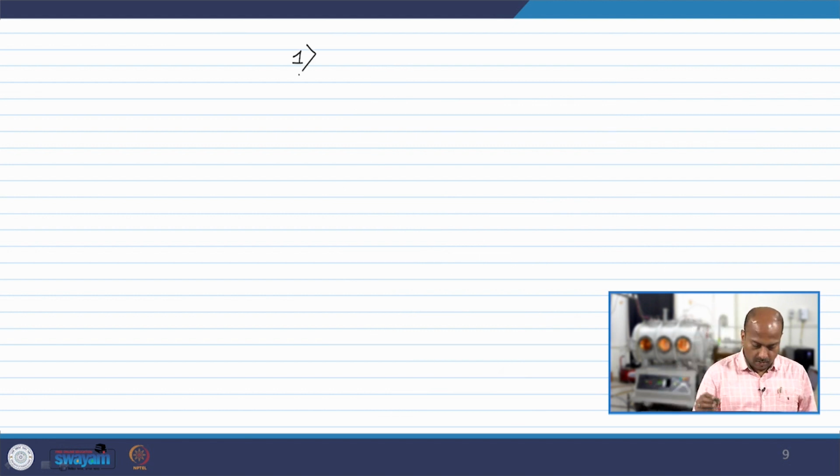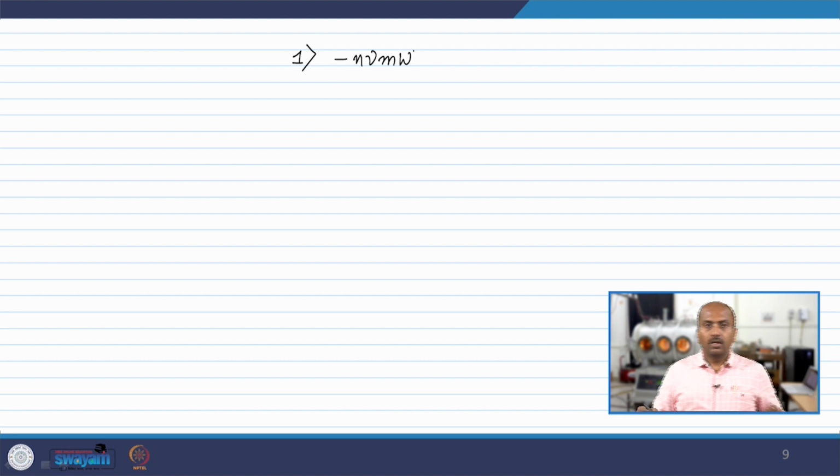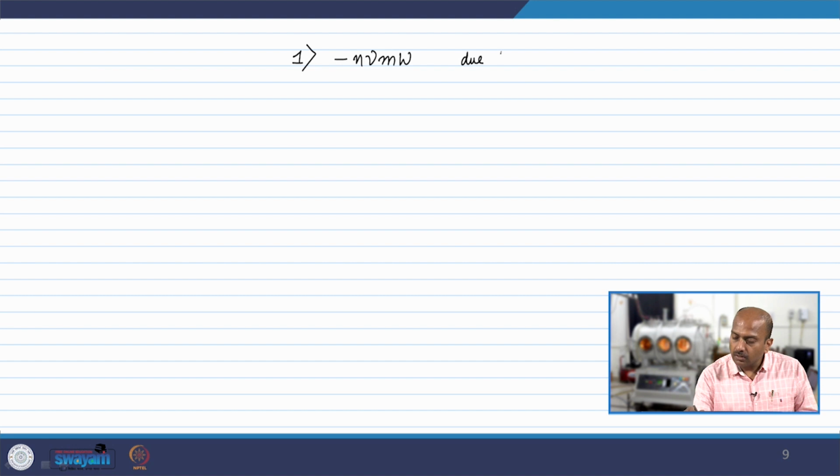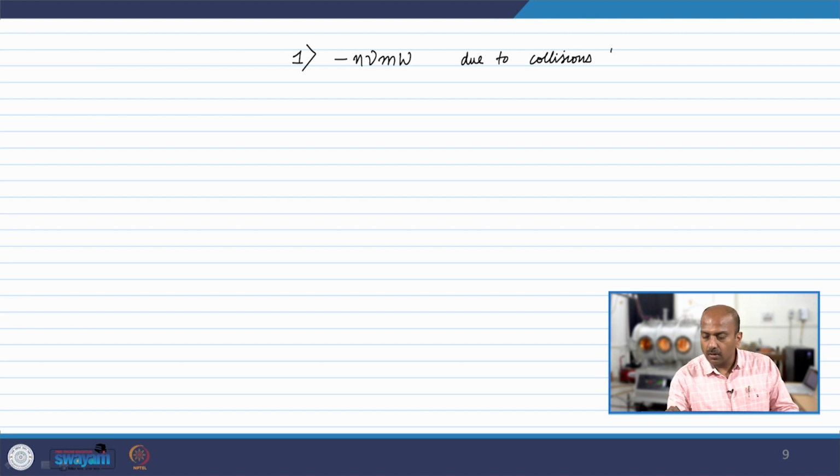Number one, let's say we take minus N nu m W. I have given the minus because it is exactly the opposite direction to what the major gas species will encounter, because there are equal and opposite forces. This is due to collisions between J and N. J is the major species, N is the minor species.